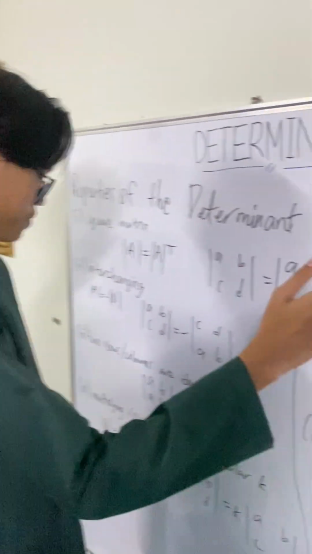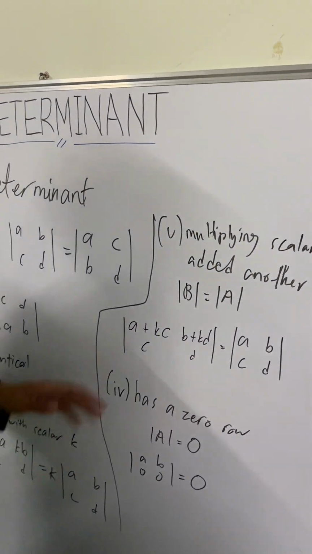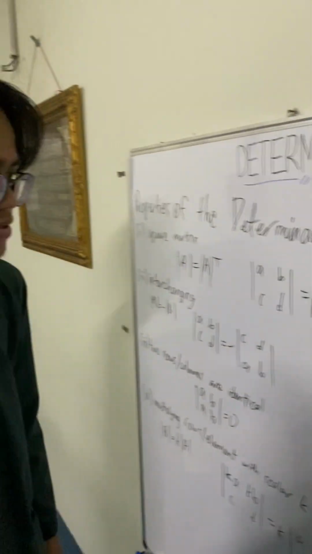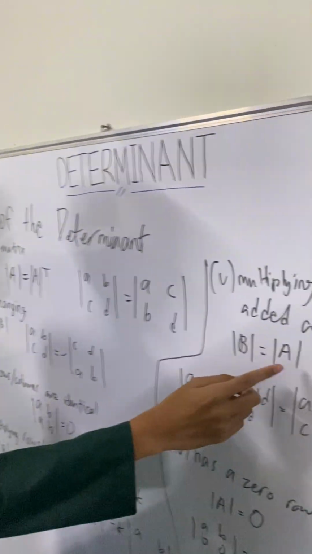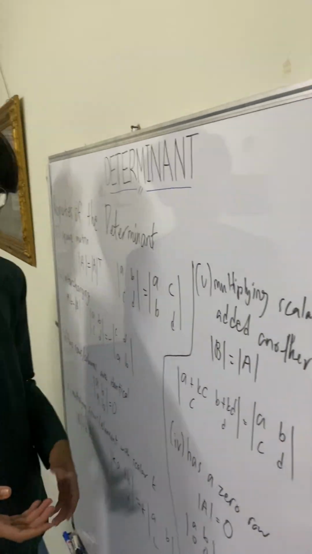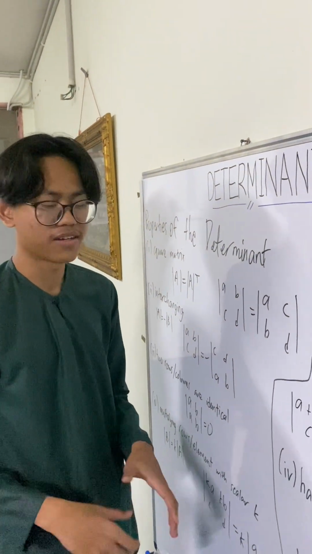Okay. Now number 5, a multiple of scalar K is added to another row. Okay, B equals A. This might seem a little bit complicated, but it's not.